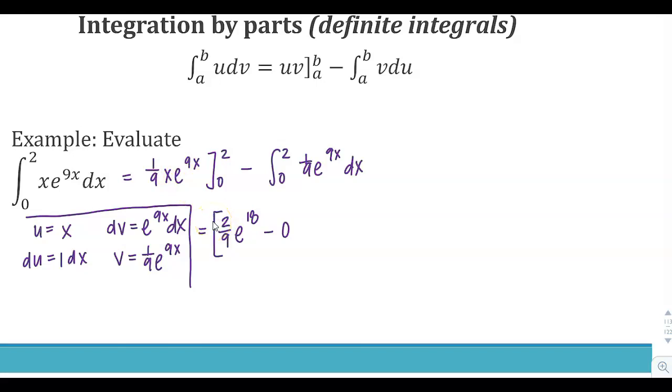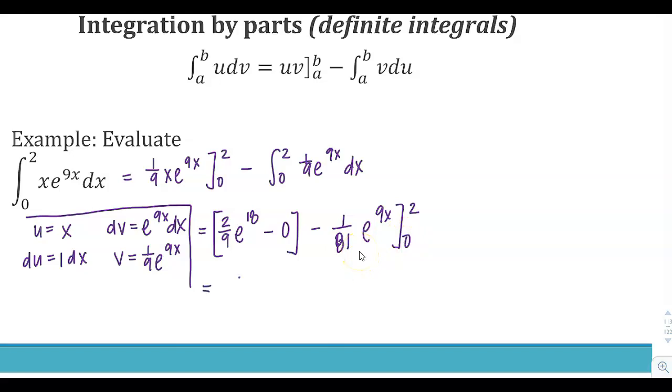So that's substituting in that first part. Minus, here we're going to apply the fundamental theorem of calculus. The antiderivative of this would be 1 over 81 e to the 9x evaluated from 0 to 2. Here we're going to substitute in 2 and substitute in 0.